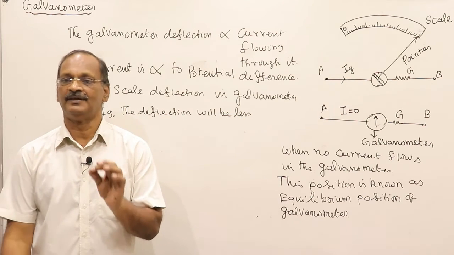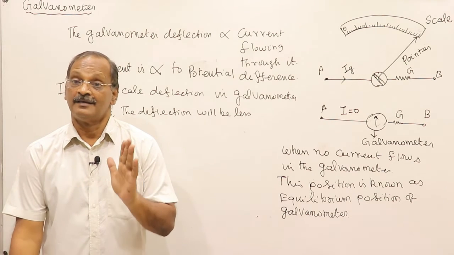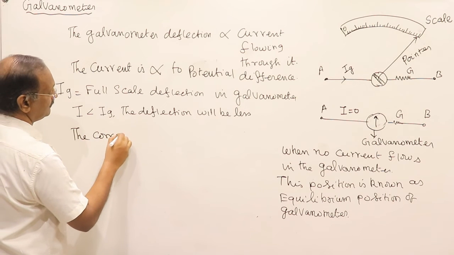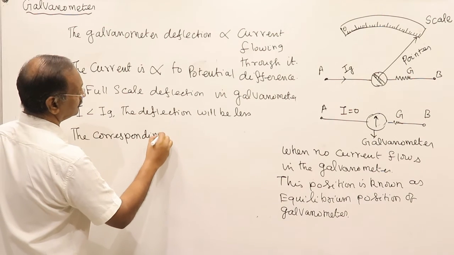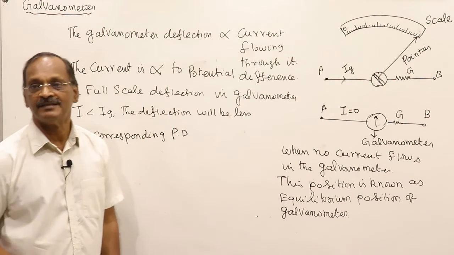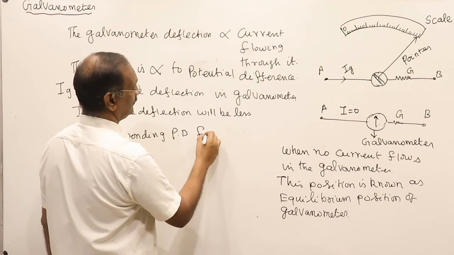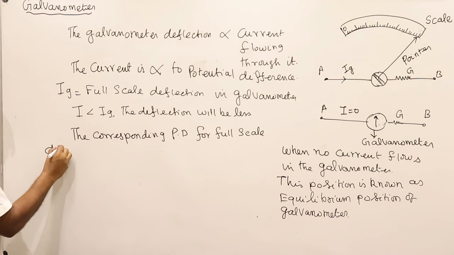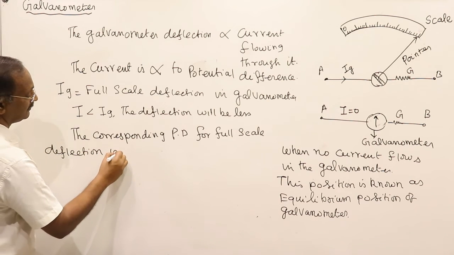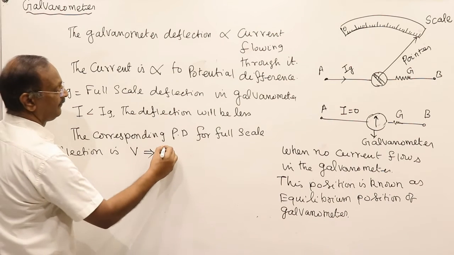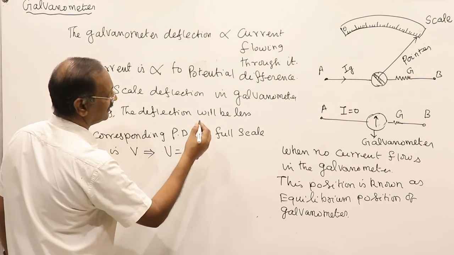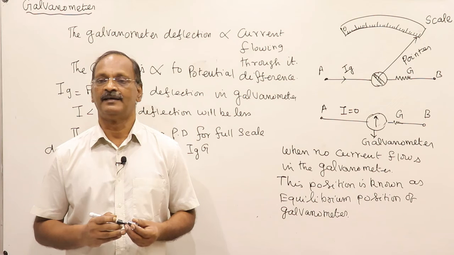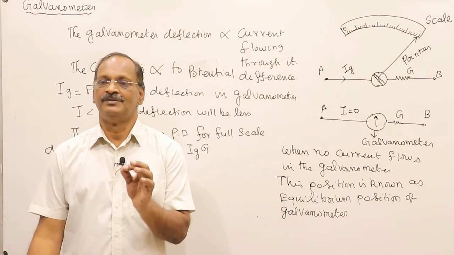So Ig is the full scale deflection current in the galvanometer, and the corresponding potential difference for full scale deflection is V. That is, V is equal to Ig into G, where V stands for the corresponding potential difference for the full scale deflection.